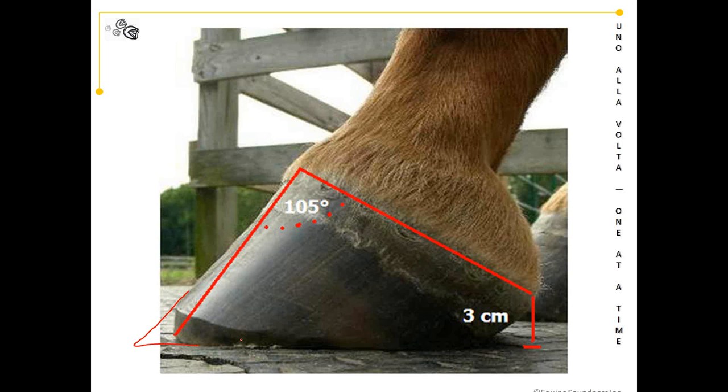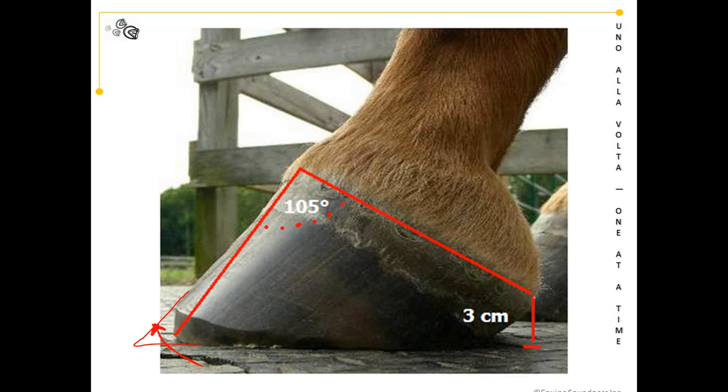And what happens with this long toe in relation to the hairline is it gets levered away from the coffin bone every time the horse makes a step. It's one of those micro tear situations where the toe is simply too long and gets constantly pushed away from the skeleton.